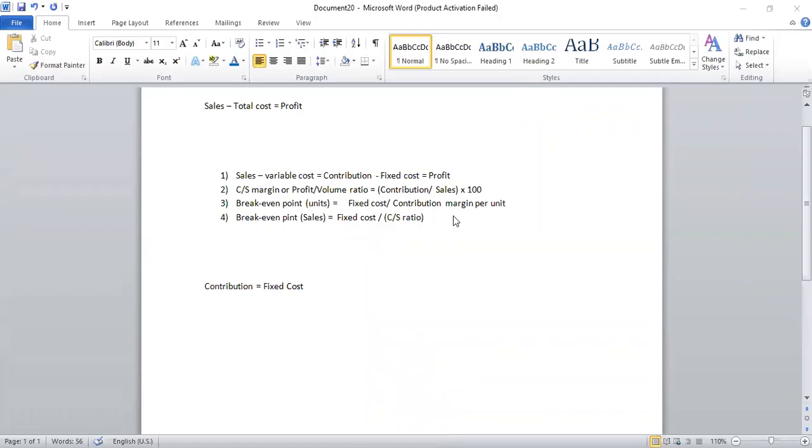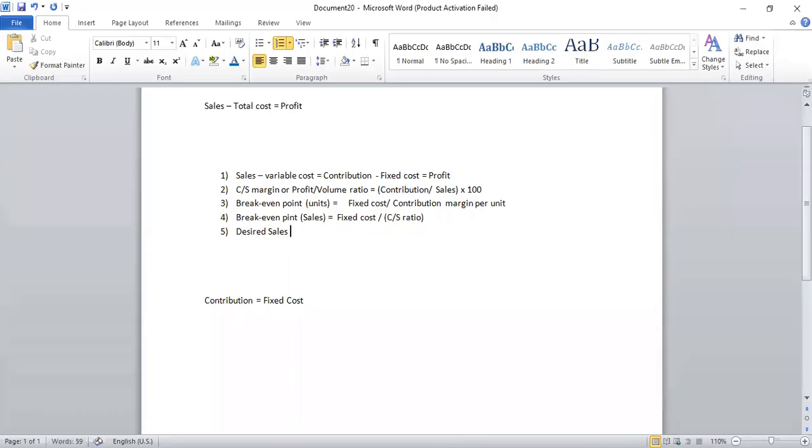So then the next, fifth one. At the break-even point, we see that there is no profit, no loss. But at any level other than the break-even point, if we have to find out the sales level, that is called desired sales or targeted sales, whatever name is given.